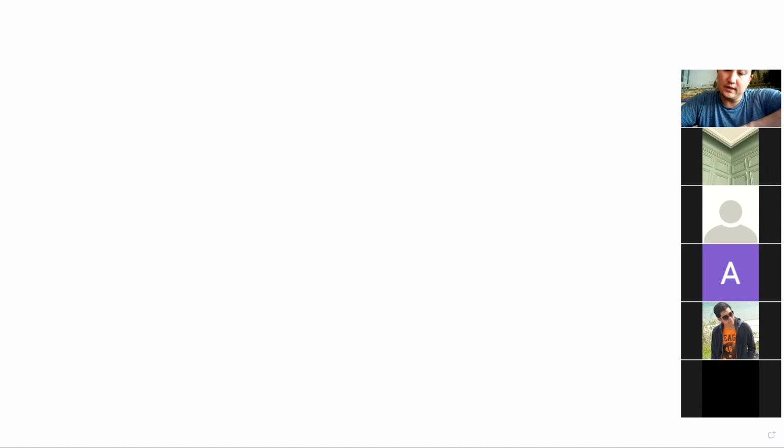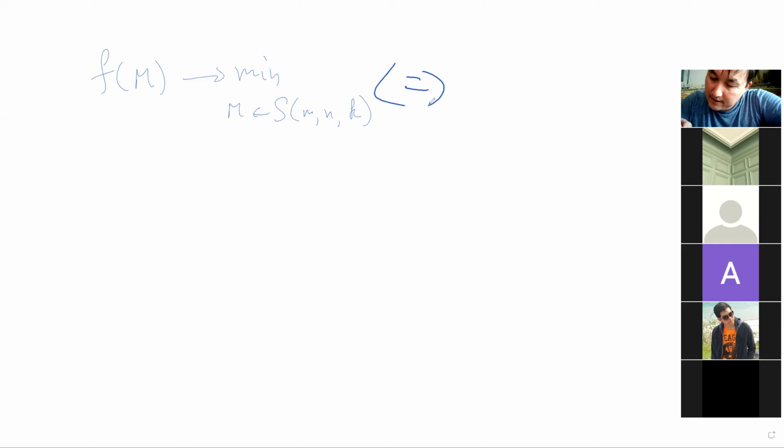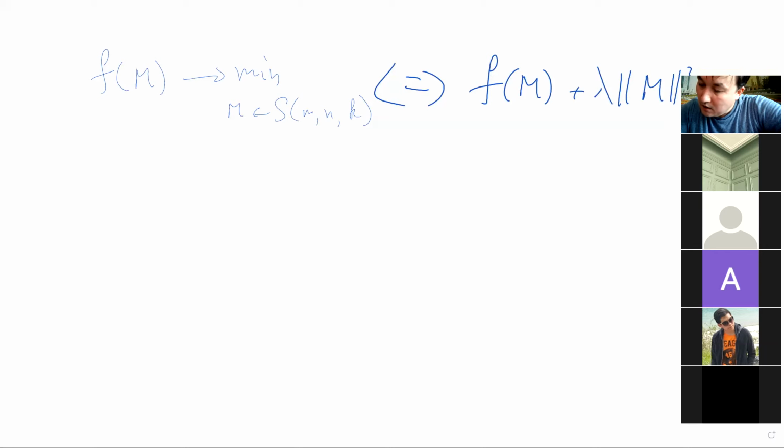It turns out that low rank optimization, the minimization of a function f of M over matrices of size m times n of rank not greater than k, is the same thing as minimizing f of M plus lambda times the Ky Fan k antinorm for lambda large, right?